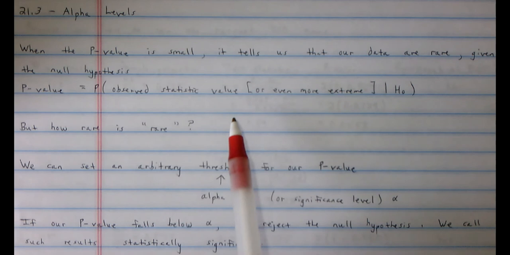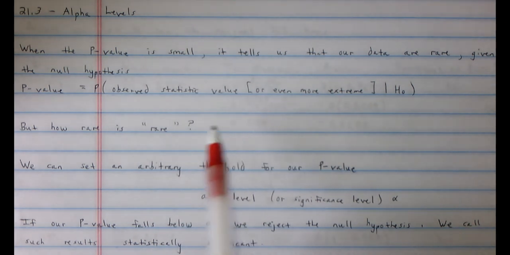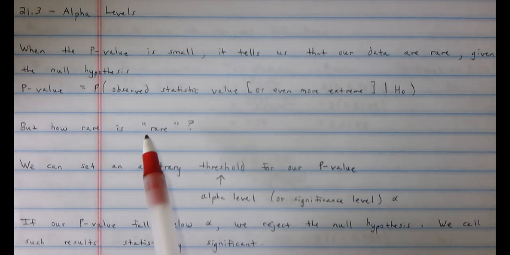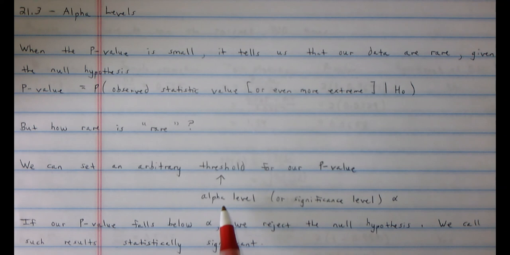So as I said, we want to decide how small is small or how rare is rare. We can set an arbitrary threshold for our p-value, and we call this an alpha level or a significance level, and we denote it by alpha. If our p-value falls below alpha, we reject the null hypothesis. We call such results statistically significant.